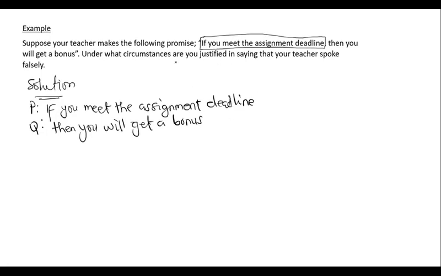So they say, under what circumstance are you justified to say your teacher spoke falsely? So it means we are trying to say P implies Q. So let's write the implication table for the two statements P and Q. Let's draw our truth table.